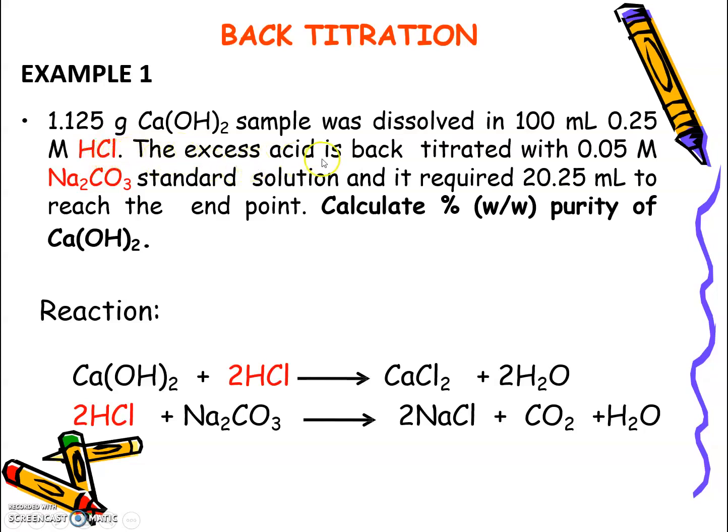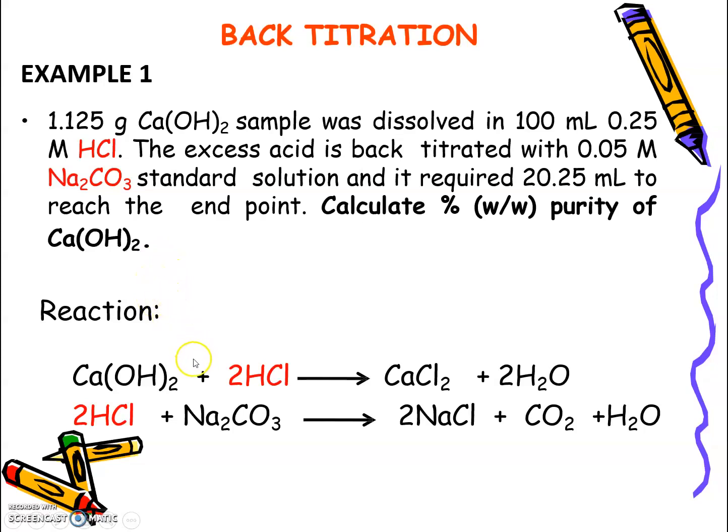The excess acid is back titrated with 0.05 molar sodium carbonate, the standard solution, and requires 20.25 ml to reach endpoint. Calculate the percentage of weight per weight purity of calcium hydroxide.